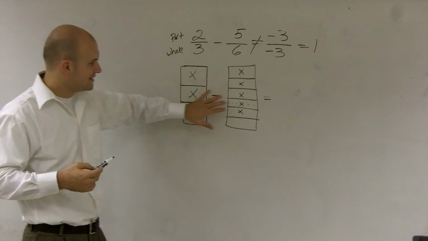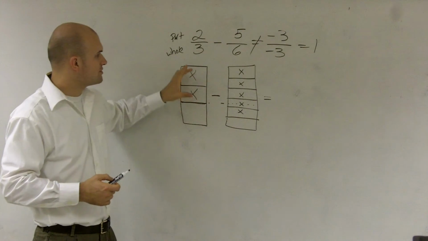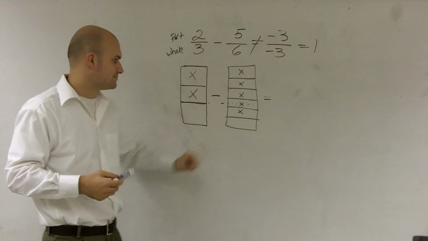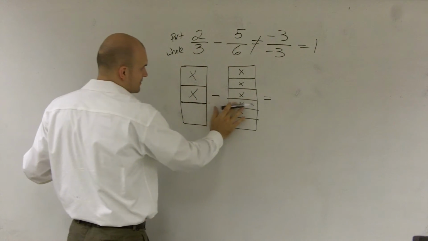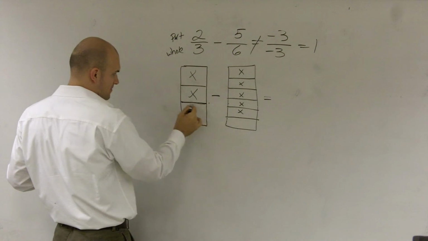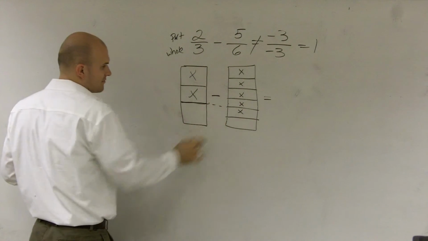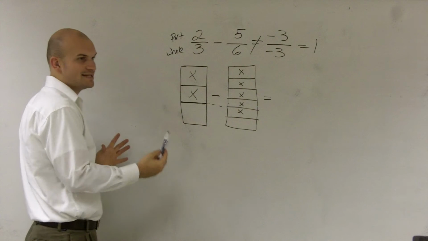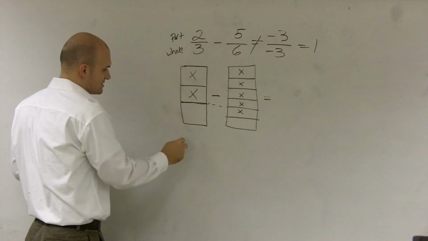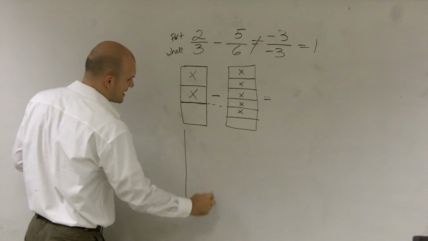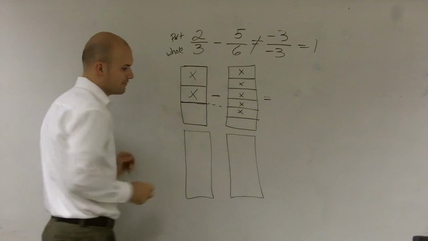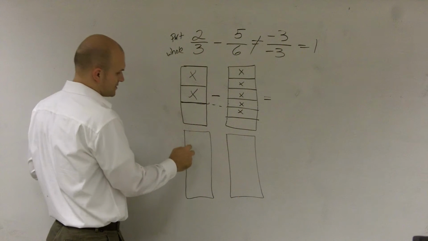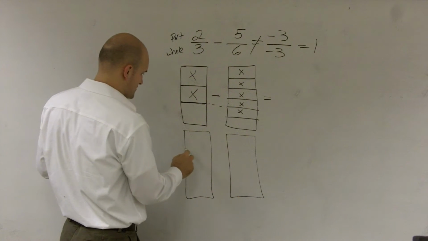To alleviate this kind of measurement, what we can do is put them as the same parts. Actually, never mind, that answer was about right. That does leave about 1/6 left. Well, let's see how we can do this. Let's rewrite these with equivalent denominators.